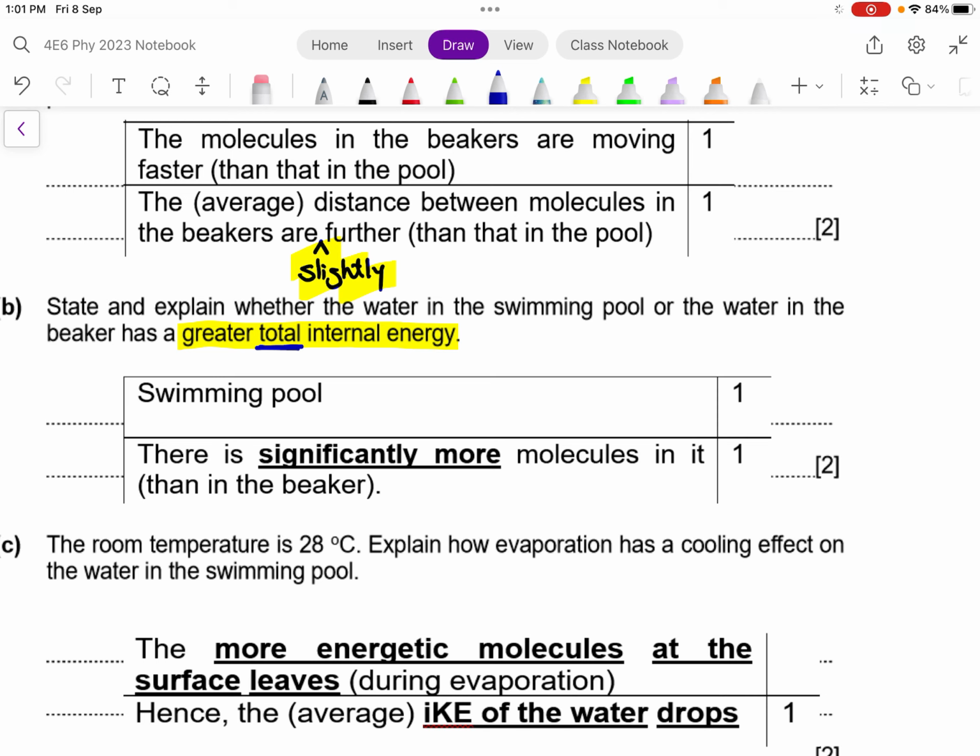The implication that we want students to see is that if you are in a swimming pool, the volume, the mass of water in a swimming pool is very, very high. And because the volume is very, very high, there are going to be a lot more molecules in it. And each of these molecules carries internal energy, right? It carries kinetic energy, it carries potential energy.